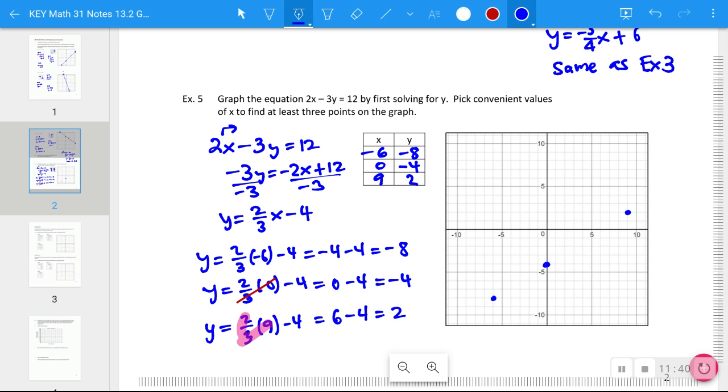So 9, 2 is the last one, and those lined up really well. If they don't line up, you know you've messed up. So let me draw my line, and then I have to reposition it here. Okay. And that takes us through the first 2 pages of your notes for section 13.2, and we'll pick up on the other side.